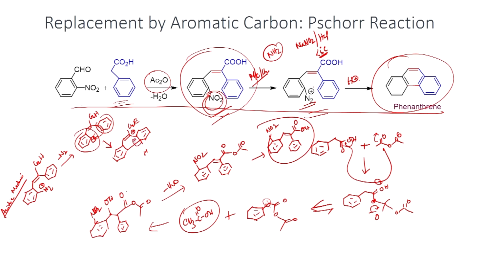So this can lose a proton, and then when you heat, it can undergo decarboxylation to give this cyclic compound phenanthrene.